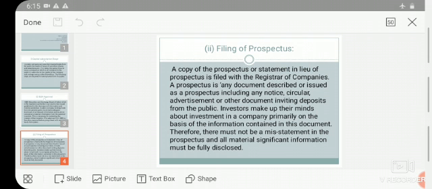When the company is going to subscribe its shares and debentures, the company has to prepare this prospectus, and in this prospectus the company gives the details of shares: how many shares there are, the price of the shares, the commencement of issue of shares to the public, the closing date of issue of the shares, and the venue where the shares are available.